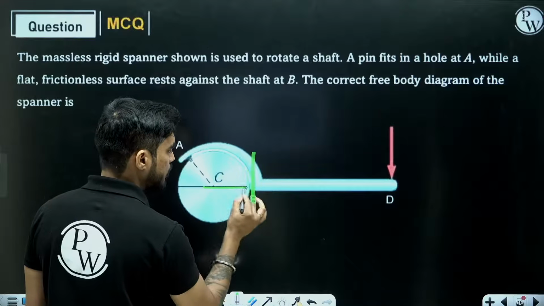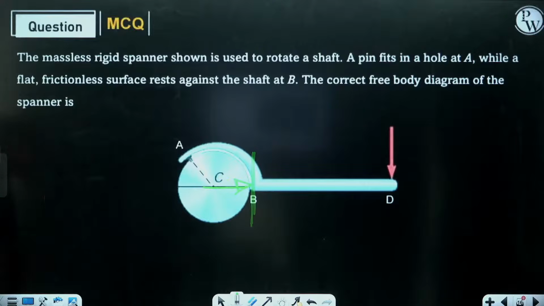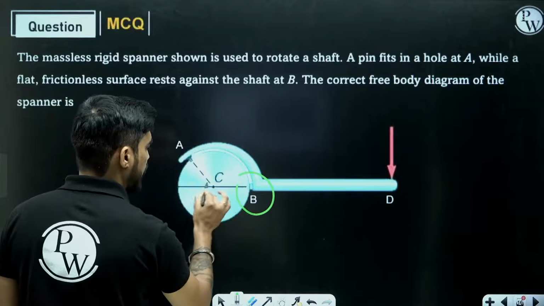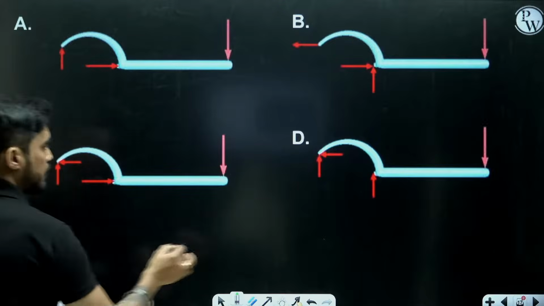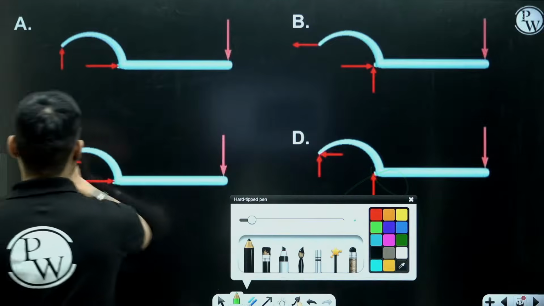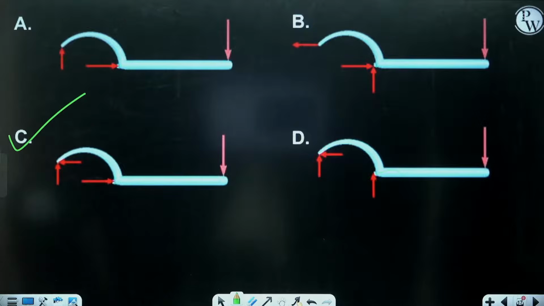So the reaction must be acting horizontal. It must be normal to the surface. So at this point B, we will have a reaction force acting in X direction. So this cannot be true. Only this can be true. So I hope that this question is also clear to you.